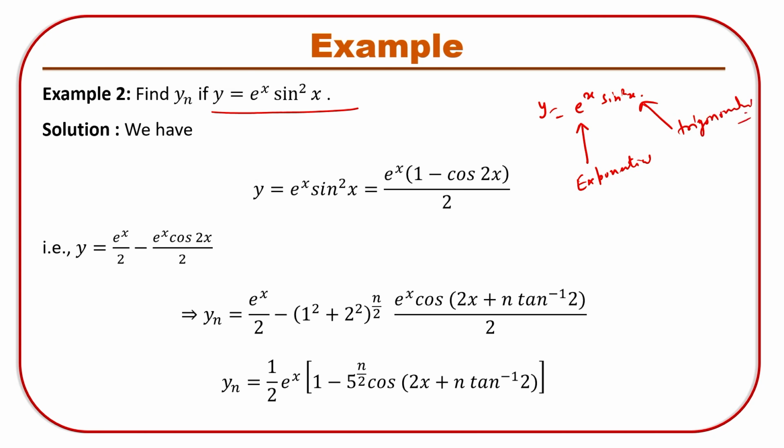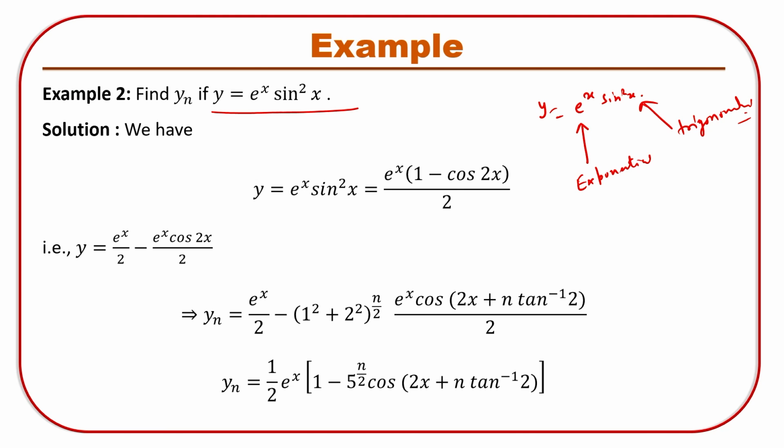I will try to first convert this sin²x, because we have not derived the nth derivative of y = sin²x. So, what I have to do is convert this sin²x into a single trigonometrical function, or you can say in the linear case y = cos x or y = sin x, something like that, right.